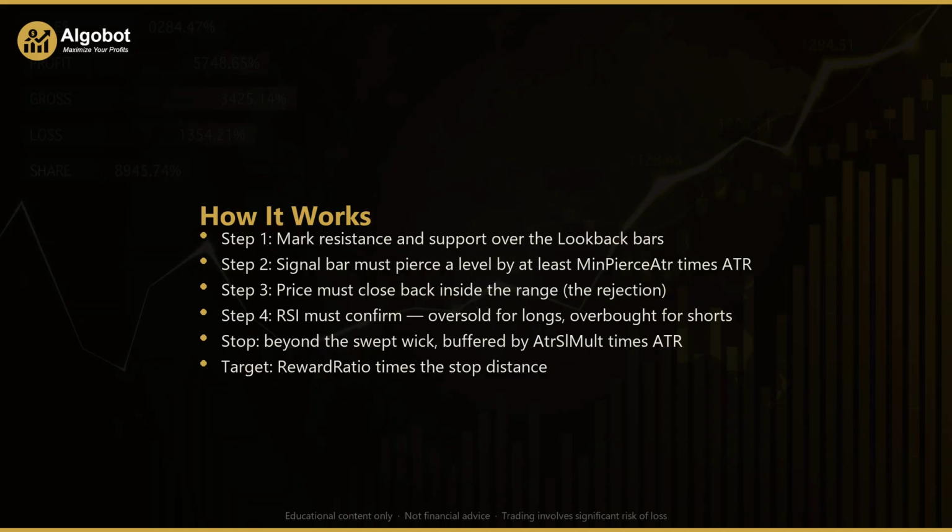The take profit is then placed at a fixed multiple of that stop distance, governed by the reward ratio, which defaults to 1.8. The short side mirrors this exactly, with the stop above the signal bar's high. There's also a spread filter that skips the trade if the spread is wider than max spread points, and one position at a time per magic number.